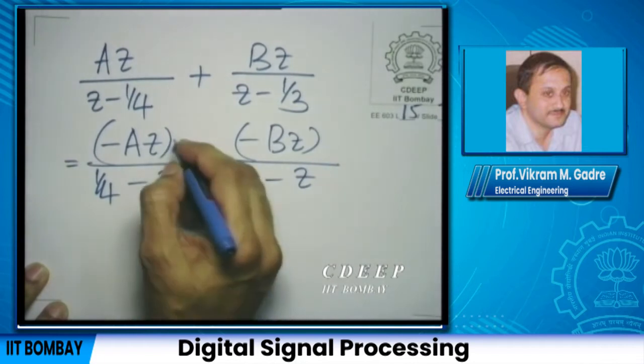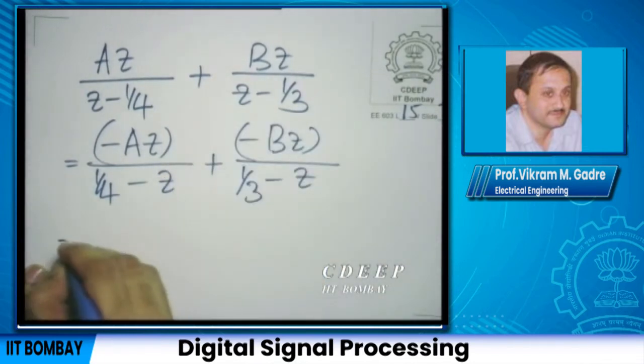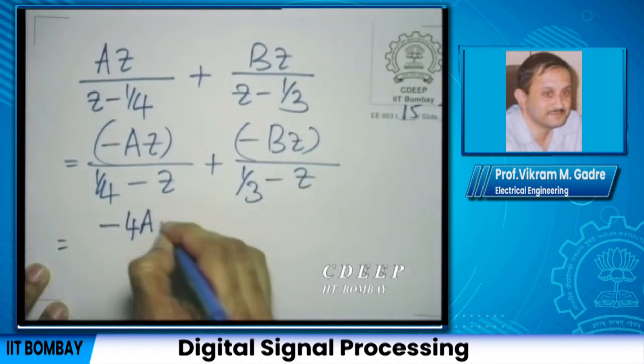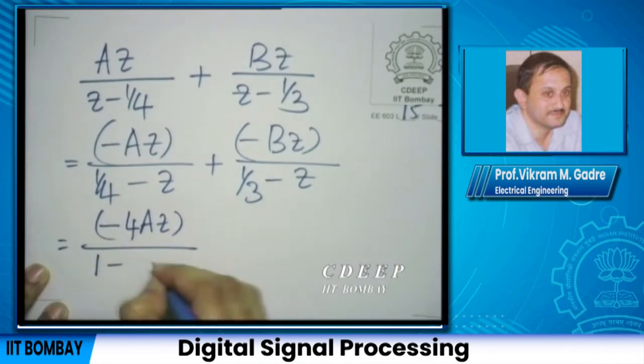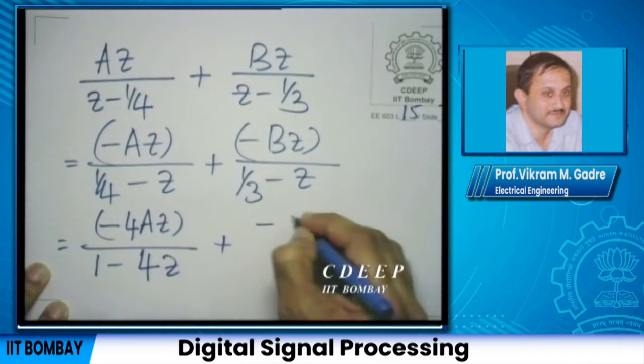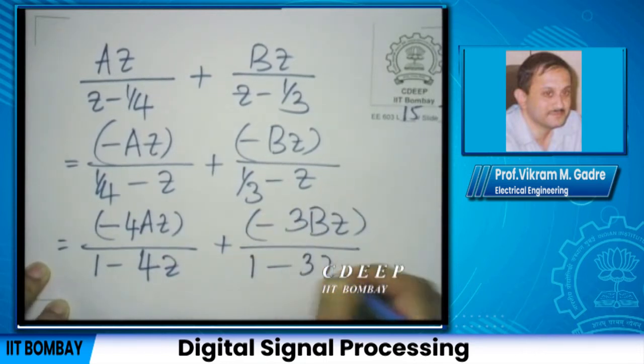Or if you like, you could even multiply numerator and denominator by 4. So, let's rewrite this. So, you have minus 4Az by 1 minus 4z plus minus 3Bz by 1 minus 3z.